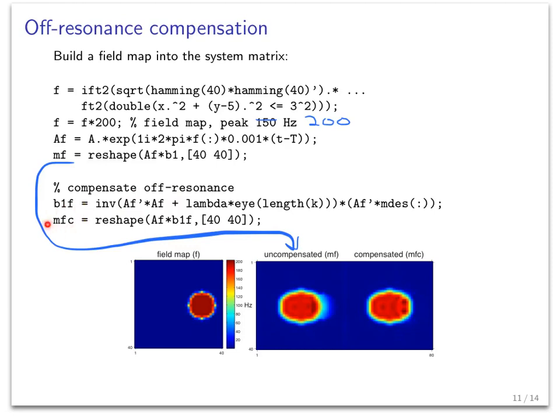If we see what we get from that, you can see that we've corrected it. This MFC is this guy, and it's basically completely corrected. There's a little bit of residual error. And of course, you can't compensate it perfectly if the trajectory ends up skewing so much that you're not covering full k-space in that region. But you can usually compensate it to a very large degree.